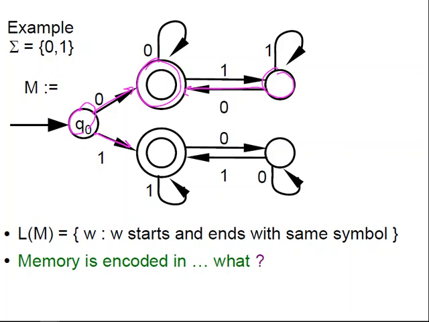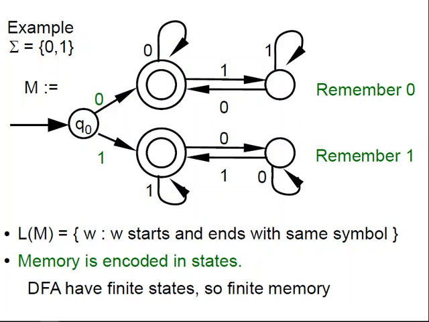So this example is extremely important. Somehow this DFA is remembering, so it has some memory. But hold on a second. We said that it has no memory. Well, it has a constant amount of memory. And where is the memory encoded here? Think about it. Where is the memory? The memory is in the states, right?